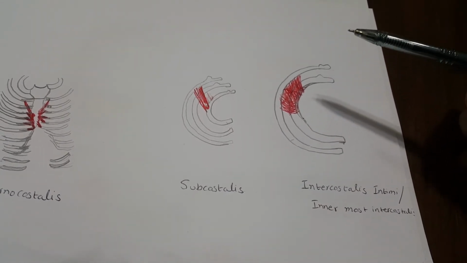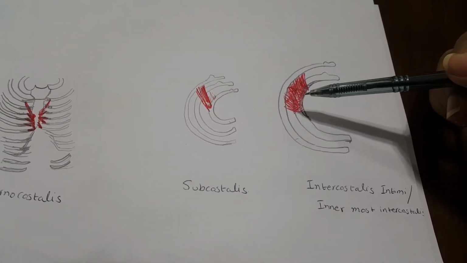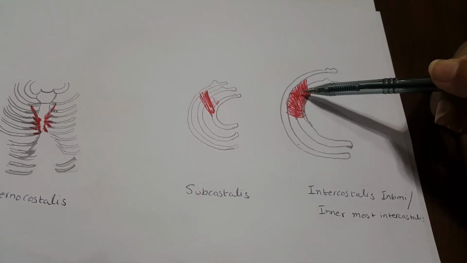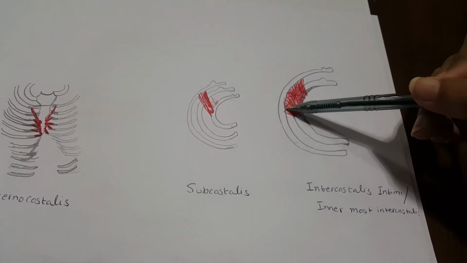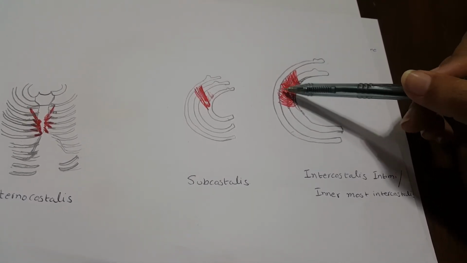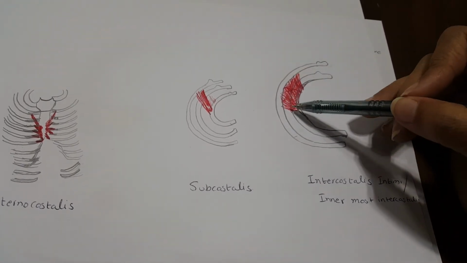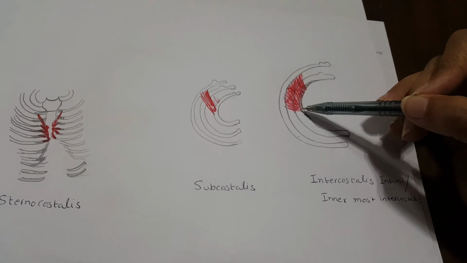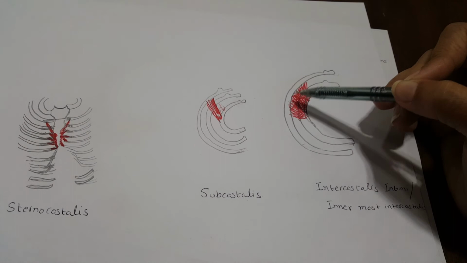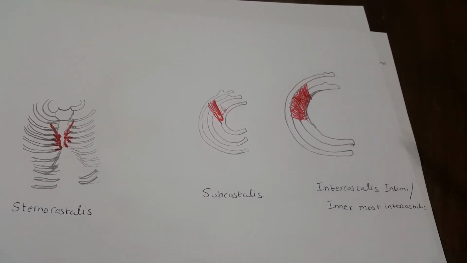Intercostalis intimi muscle or innermost intercostalis muscle originates from the ridge above the costal groove, and this muscle is inserted over the inner lip of the rib below the space. So innermost intercostalis muscle originates from the ridge of the costal groove and is inserted on the inner lip of the upper border of the rib below the space.